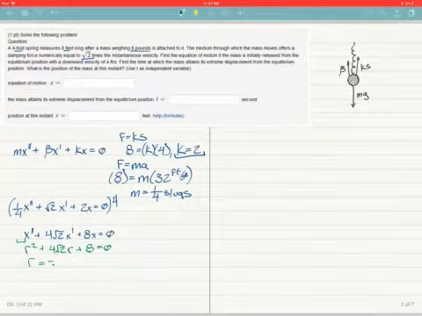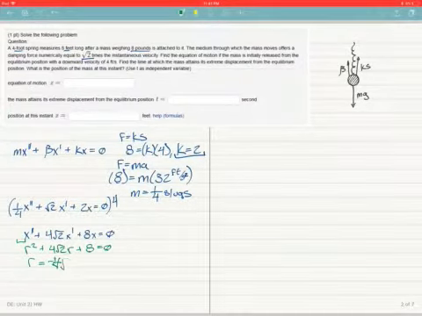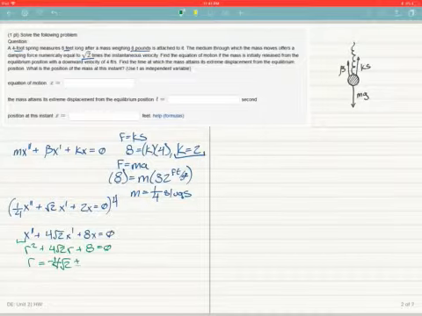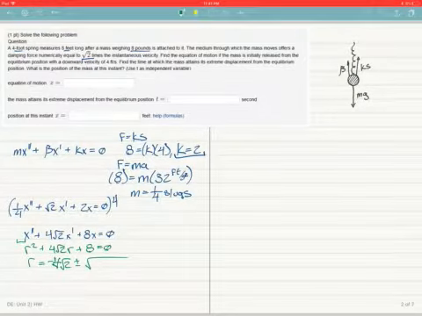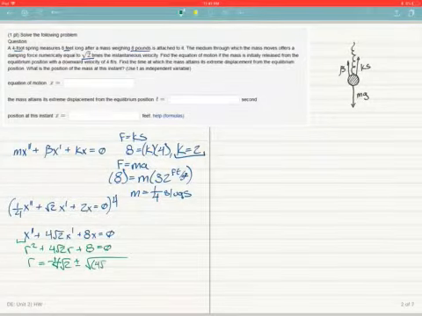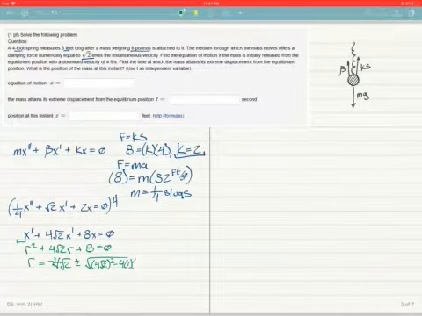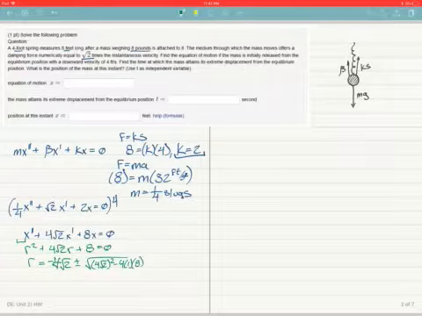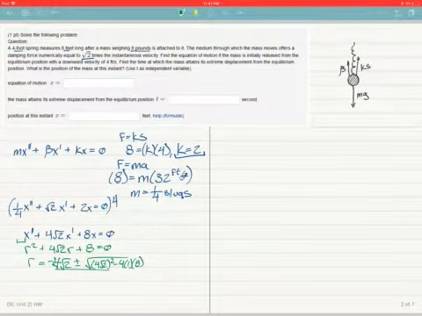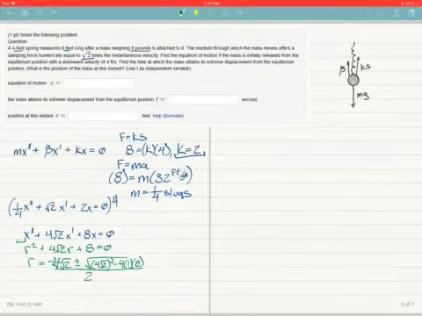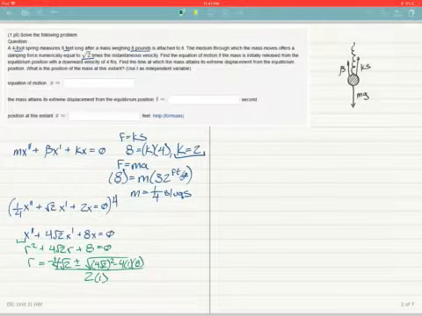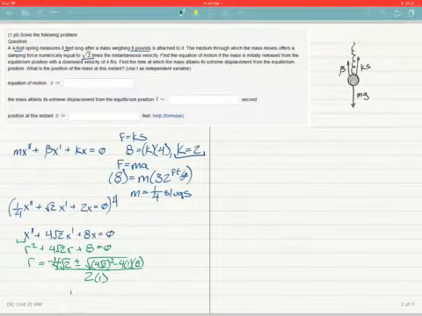So we have R equals negative 4 square root of 2 plus or minus the square root of 4 square root of 2 squared minus 4 times 1 times 8, all over 2 times 1.